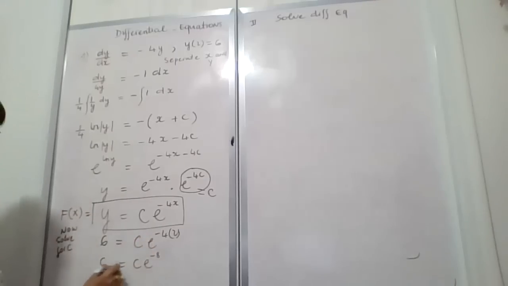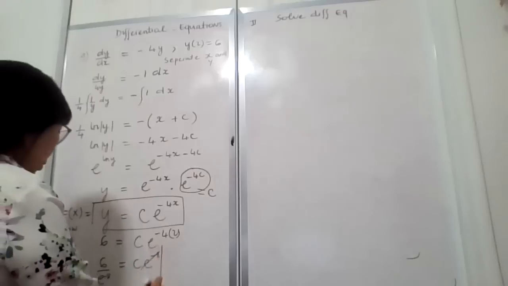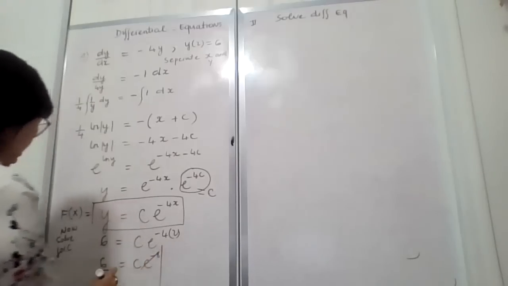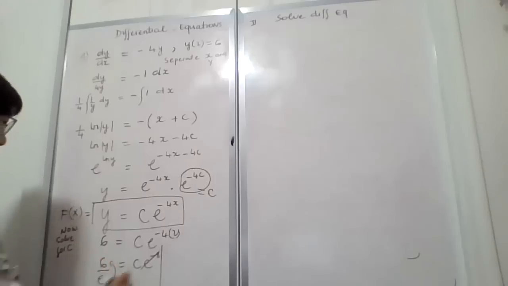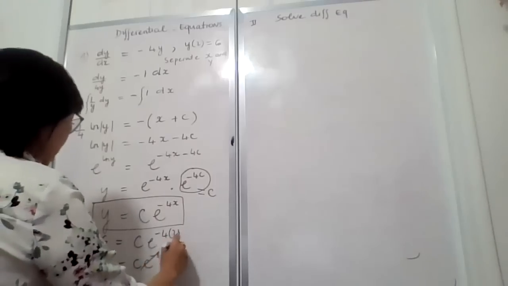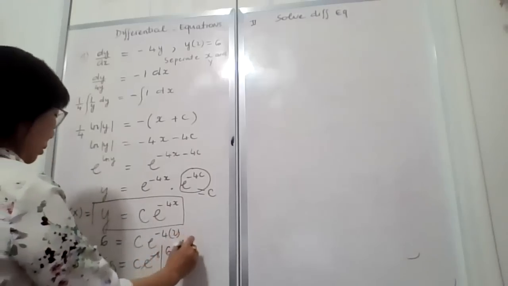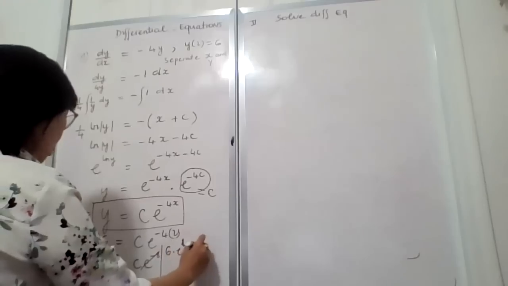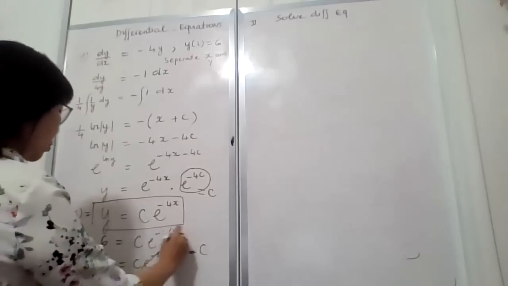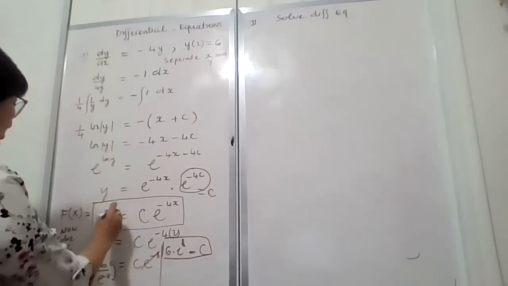Now at this point, I'm going to kick the e to minus 8 over to the other side, so multiply becomes divide. And that's gone. So now I'm going to bring this up. So 6 times e to the positive 8 equals c. So now I know what my c equals.